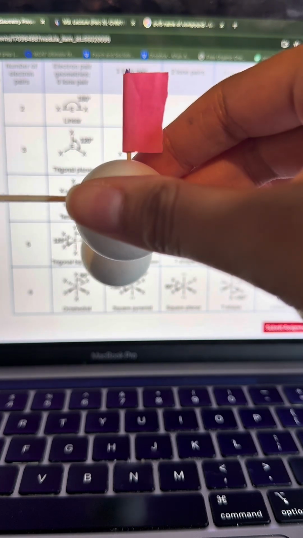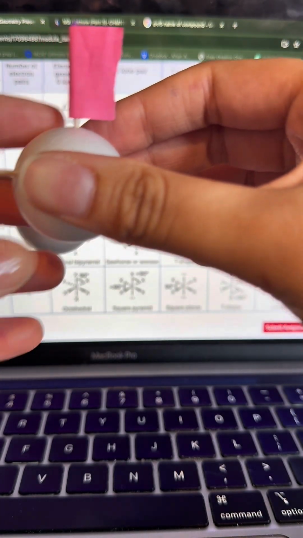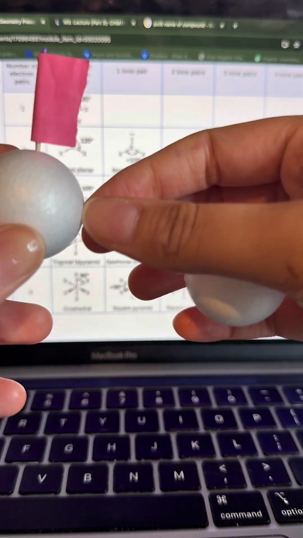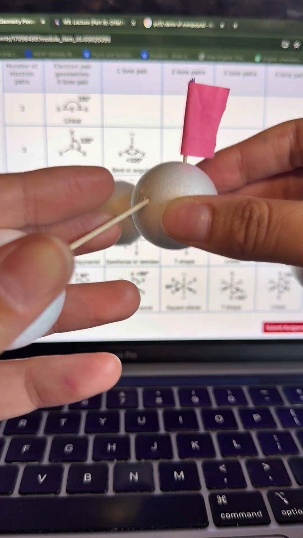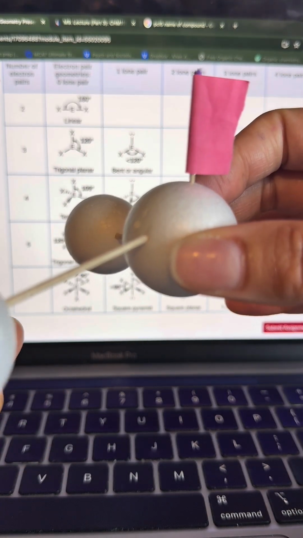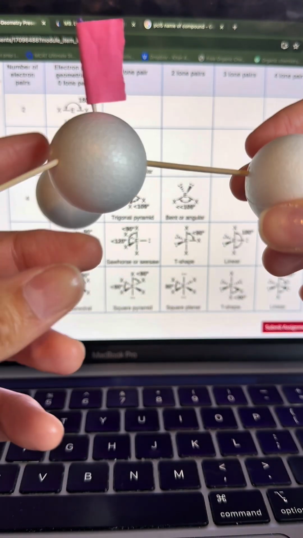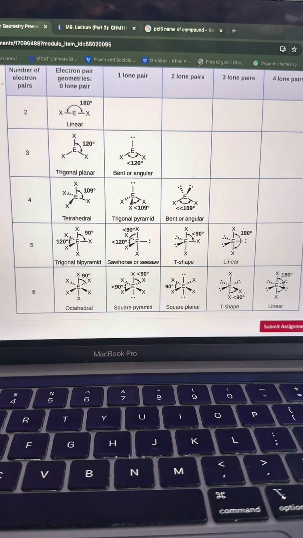I found about 107 degrees. And so this would change the molecular geometry to trigonal pyramidal. A good example of this one would be NH3. Our nitrogen would be our central atom, and then we would have one hydrogen that sticks out of the window pane, one hydrogen going the other way, and these two would be within the window pane. And our lone pair would also be in the window pane.